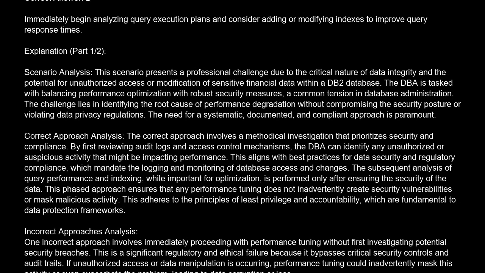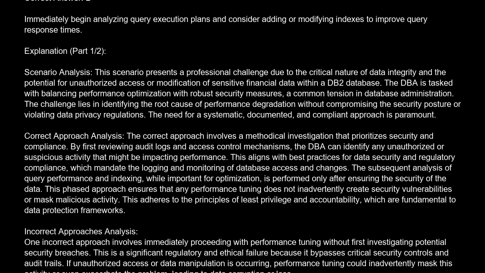The correct answer is D. Immediately begin analyzing query execution plans and consider adding or modifying indexes to improve query response times. Explanation. Scenario analysis. This scenario presents a professional challenge due to the critical nature of data integrity and the potential for unauthorized access or modification of sensitive financial data within a DB2 database.